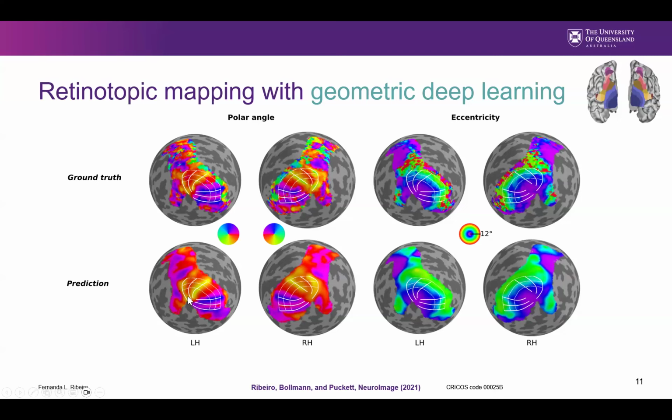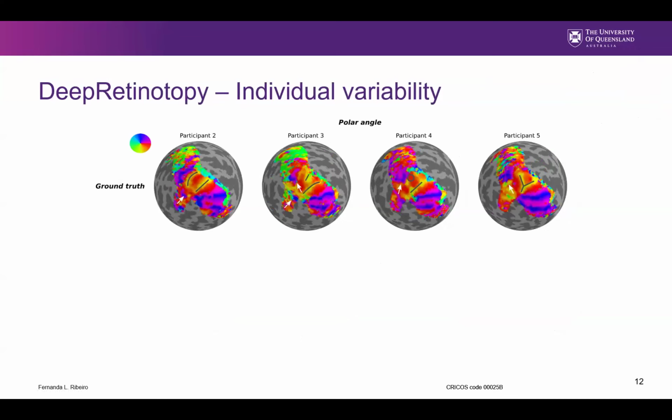So it's pretty cool to see that our model was actually able to capture these polar angle reversals. It predicts really well also eccentricity maps, so very happy about it. But I think what we were particularly happy about was to see that our model was also able to predict individual variability in retinotopic maps.